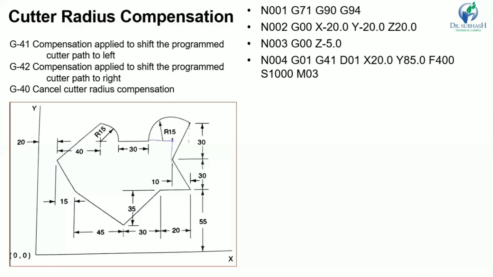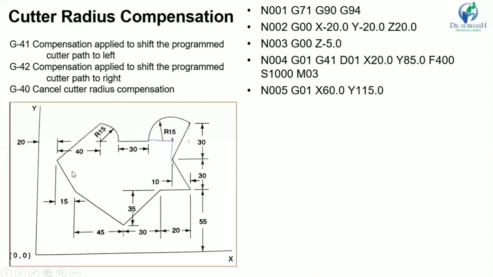Then from that, G01 X60. So X60 means it will be here. Y115, so in total you can see this distance is 115.